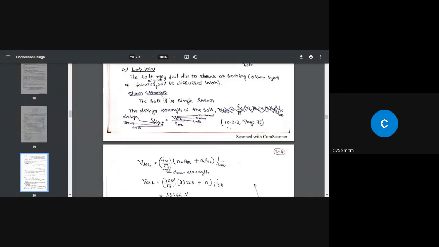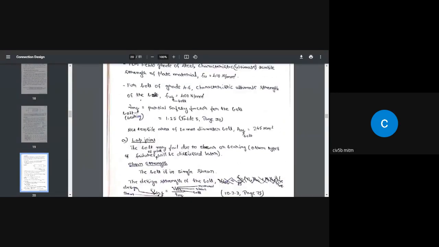Then what is FU by root 3? So FU is the ultimate tensile strength of the bolt. Once you divide that ultimate tensile strength by root 3, you are going to get the ultimate shear strength of the bolt. Shear strength of the bolt is always measured per unit area, okay, per unit area of the bolt along the shear plane.